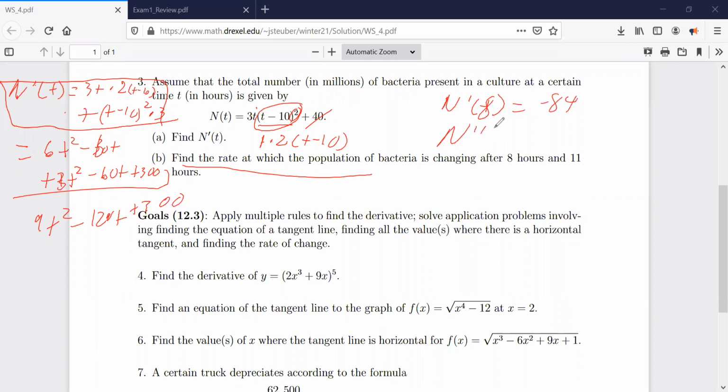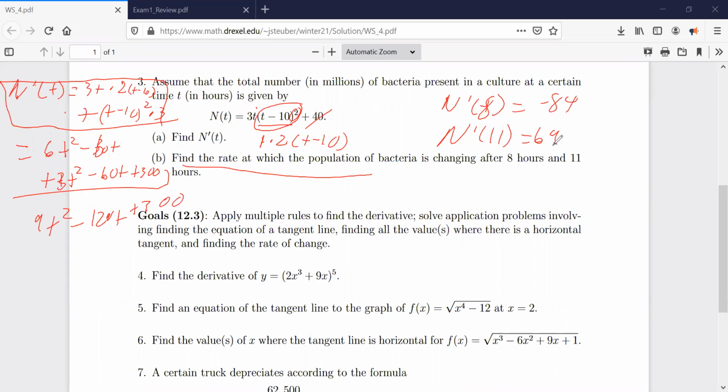And for n prime of 11, you're just going to get 69. So that means that at 8 hours, your population is decreasing at a rate of 84 million, and at 11 hours, your population is currently increasing at a rate of 69 million.